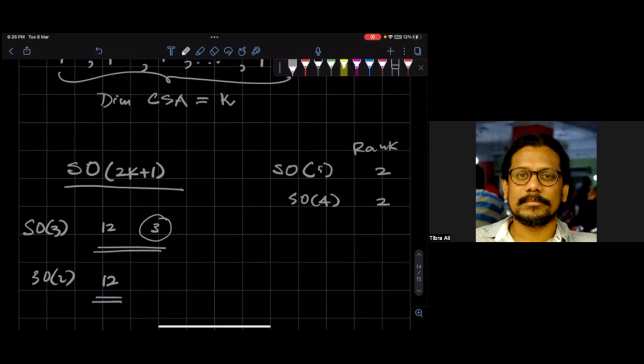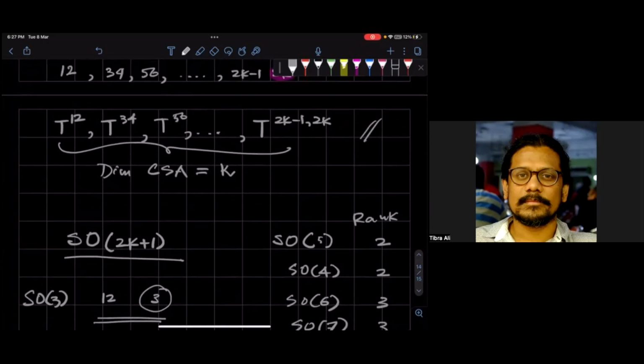And then when we go to SO(6), the rank jumps to 3. And when we go to SO(7), it's 3, because this extra direction doesn't have a pair to give you another independent rotation, right?